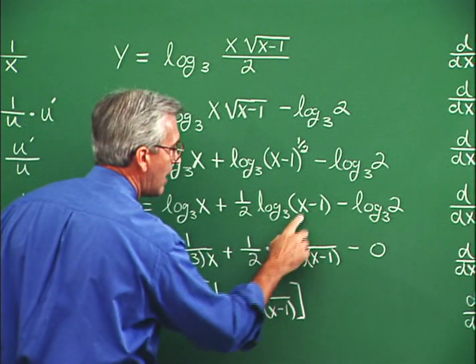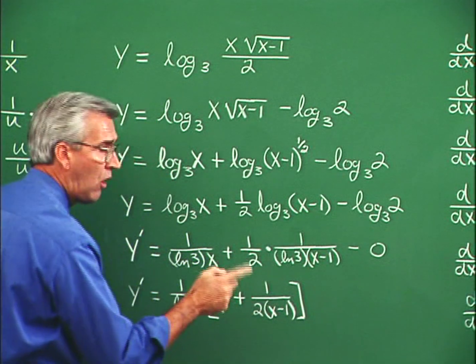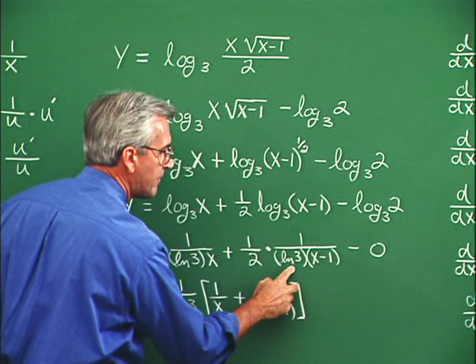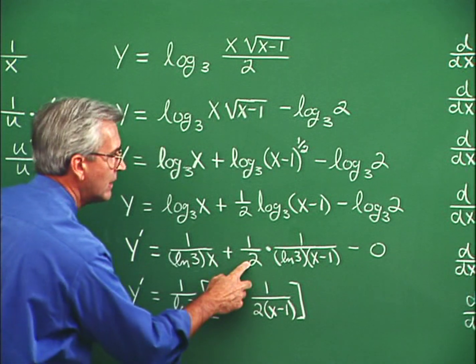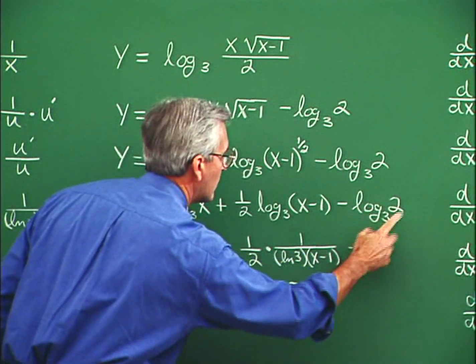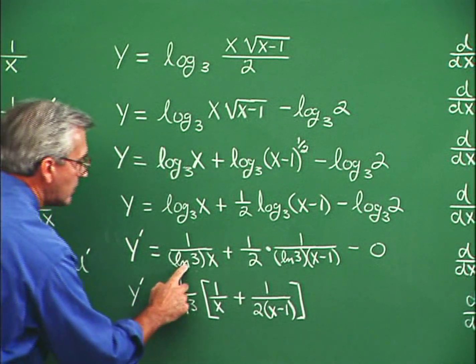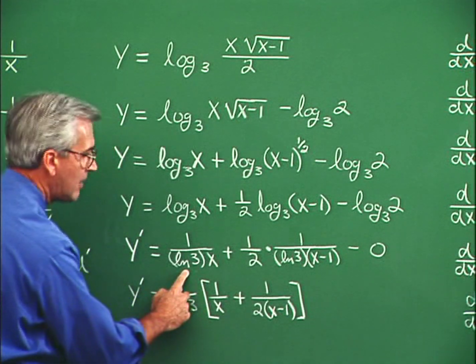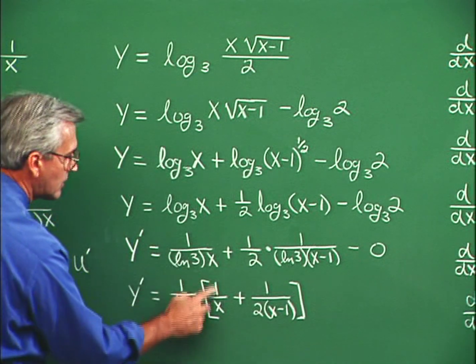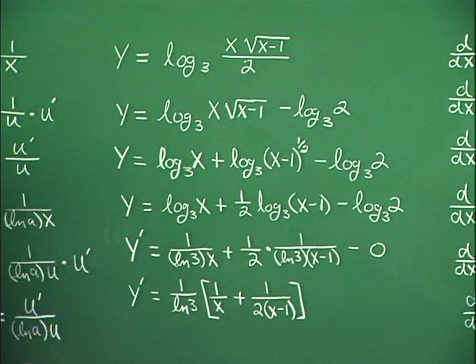And it's u prime. Well, the derivative of this would be simply 1 over ln 3 times the x minus 1. And we just bring down the 1/2 here. Now this is a constant, so its derivative is 0, and it goes out. And we would probably just pull out the ln 3 in these denominators as a common factor, and then write this as 1 over x, and this as 1 over 2 times x minus 1.